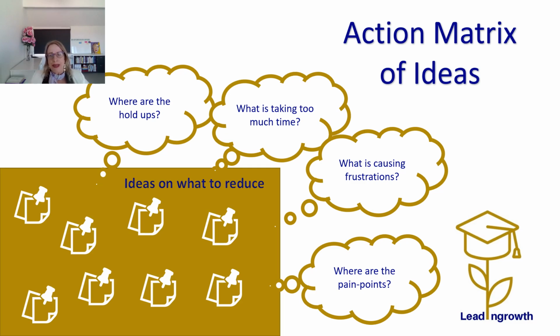Is there something that we're offering way too many of, way too much? For example, if we're offering a whole pile of programs to our customers or to our clients, do we need to offer this many programs? Are we offering way too many? These are the kinds of questions that you want to ask yourself when you're looking at what are we going to reduce and what are those ideas.